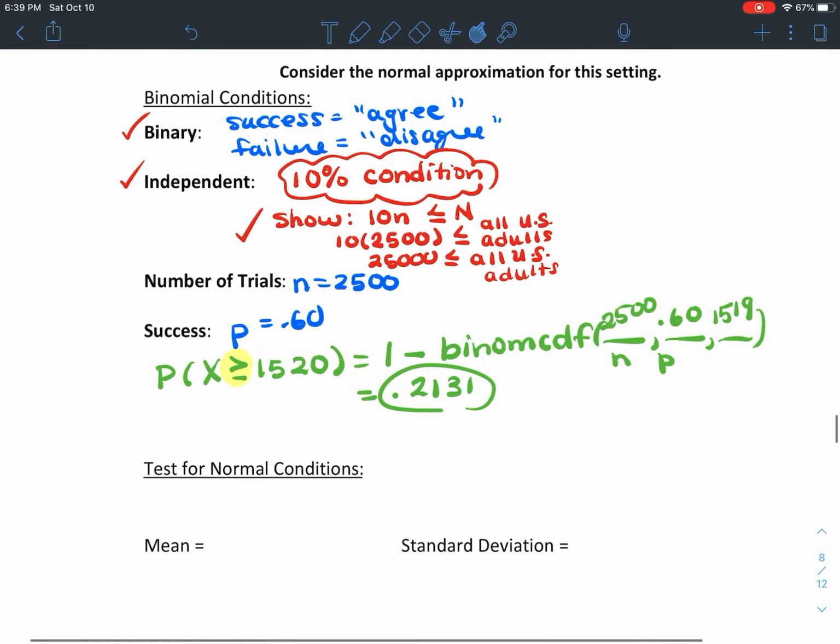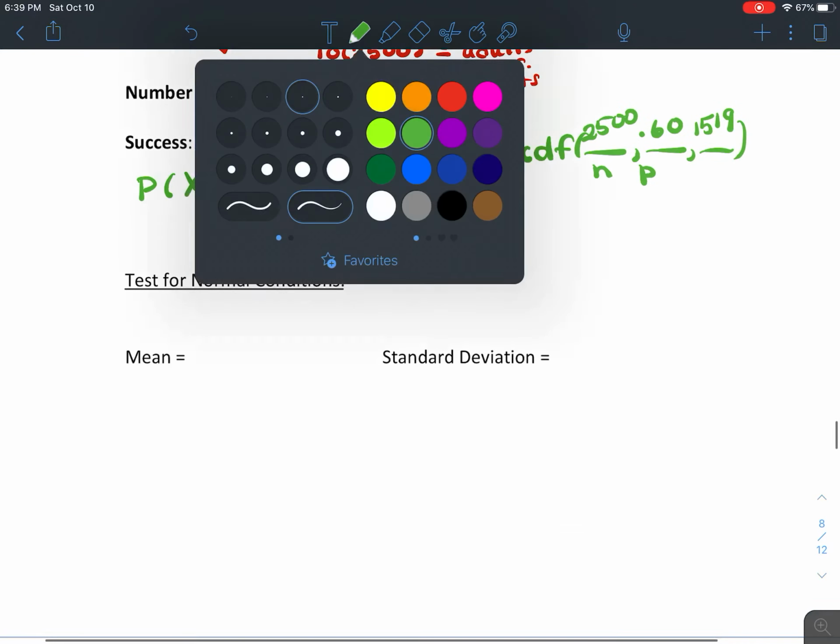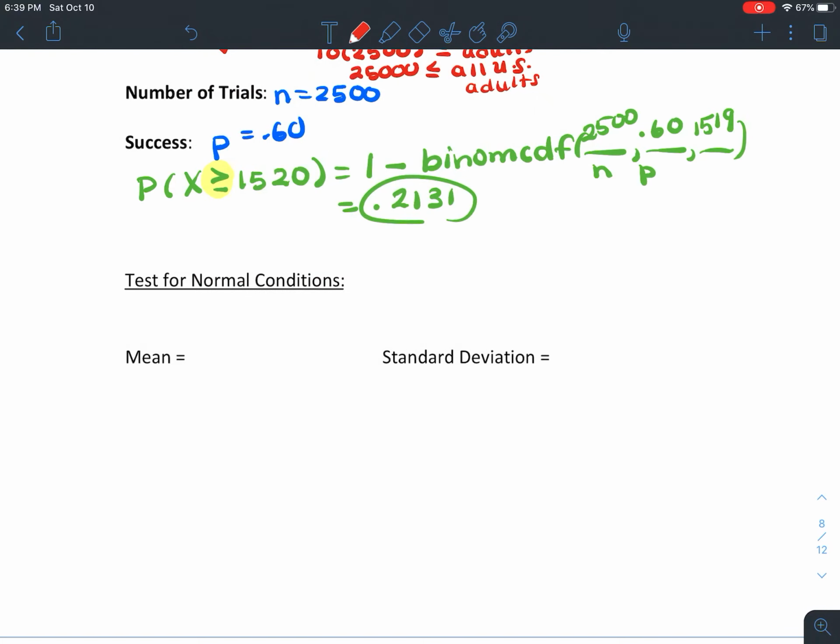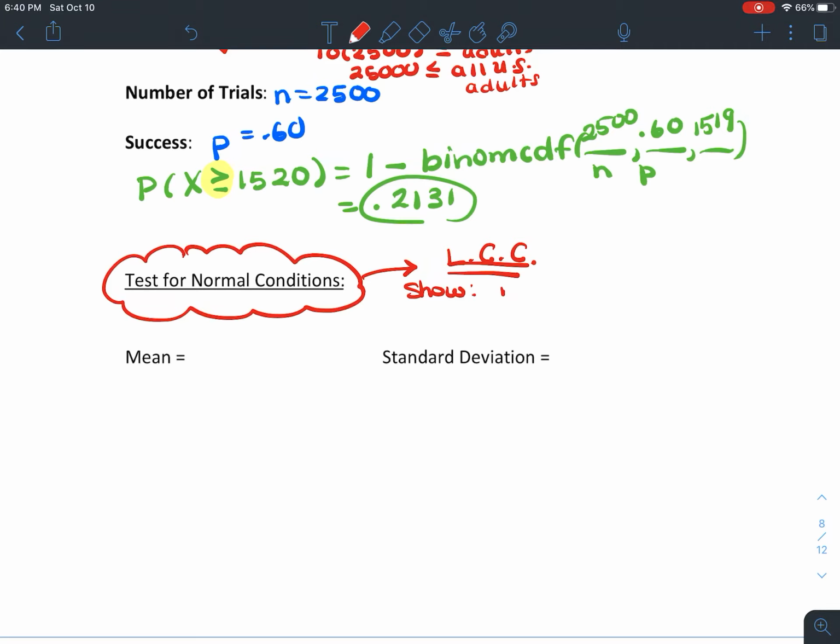That was fine to do using binomial calculations, but now we're going to check the large counts condition and show how we could also get the same answer using normal CDF. When it says to test for normal conditions, LCC is short for the large counts condition. You have to show that the number of successes and the number of failures are both greater than or equal to 10.